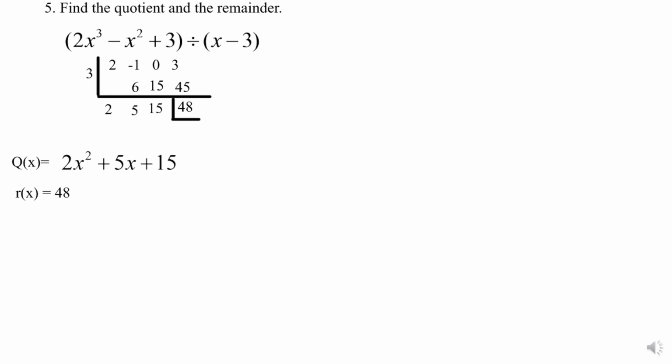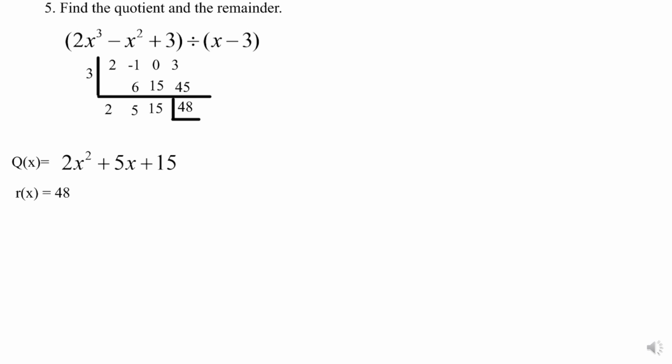Problem number 5. Find the quotient and the remainder for 2x cubed minus x squared plus 3 divided by x minus 3. The value of c is 3. The 3 goes outside the box. The coefficients 2, -1, 0, and 3 go inside the box.